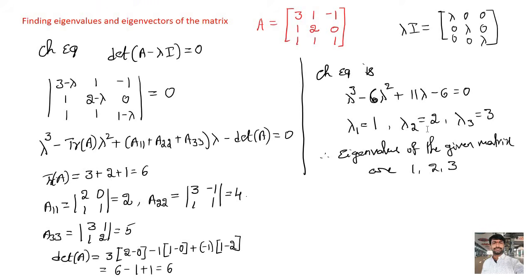Let us consider the first eigenvalue, that is lambda equal to 1, and let us find the corresponding eigenvector here. To find it, we need to solve A minus lambda I multiplied with x equal to 0. This linear system we need to solve. So in place of lambda, we are going to substitute 1. It means we need to write A minus 1 into I multiplied with x equal to 0.